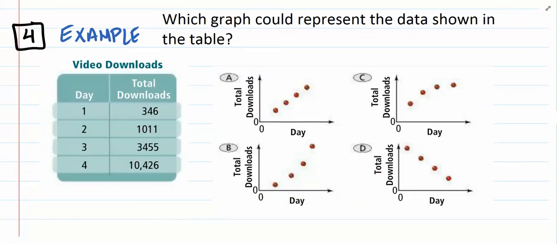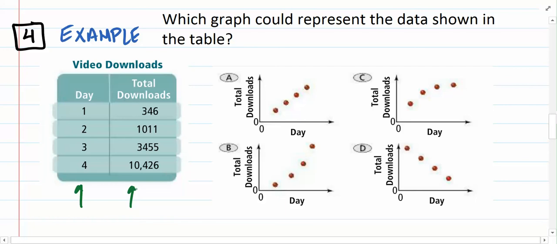Box number 4 is an example in which we have data from a table, and we want to connect that data to a graph on the right. So the directions say which graph could represent the data shown in the table. Okay, so the two variables that I would be comparing would be days to total downloads.